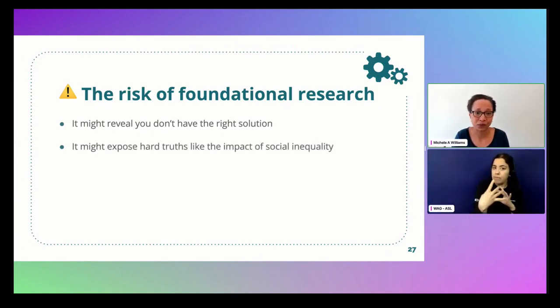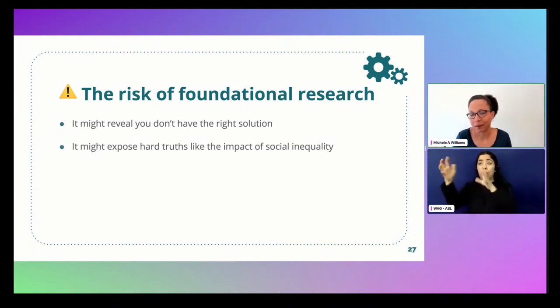It may also expose some hard truths like the impact of social inequity. Depending on what you think you're going to get into, you may again find that the world is not a place without bad things happening. And so if that's the case, what does that mean for what you are about to embark on? And are you able to account for that in what you design?